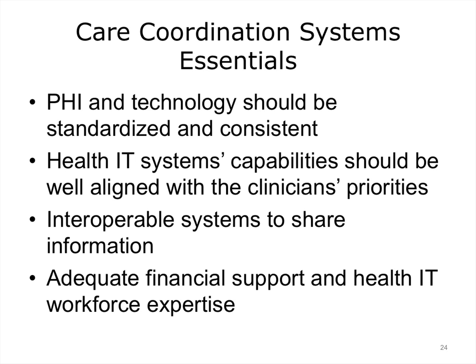Health information technology systems capabilities should be well aligned with the clinician's priorities. Care coordination should include interoperable systems to share information. Adequate financial support and HIT workforce expertise is necessary to sustain care coordination systems.